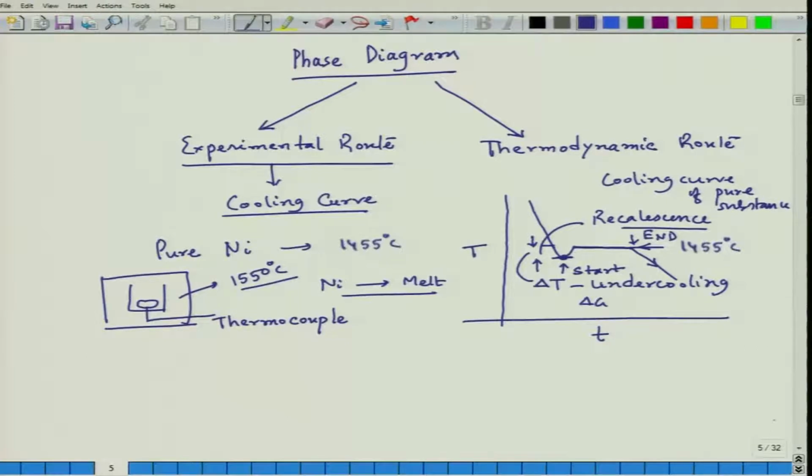Now, if we take an alloy, then the situation differs.